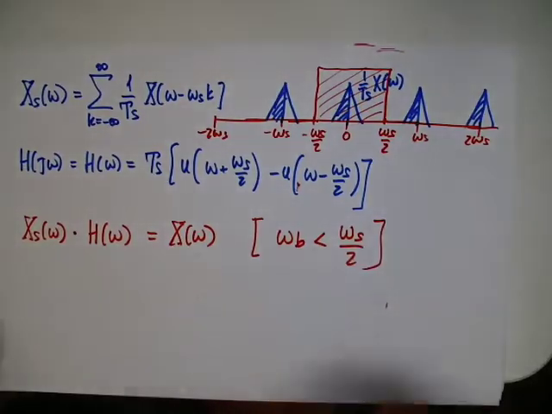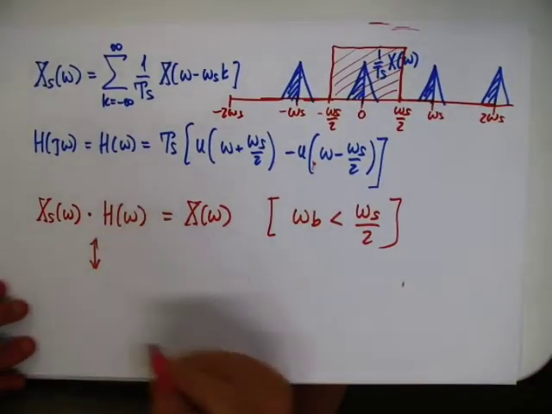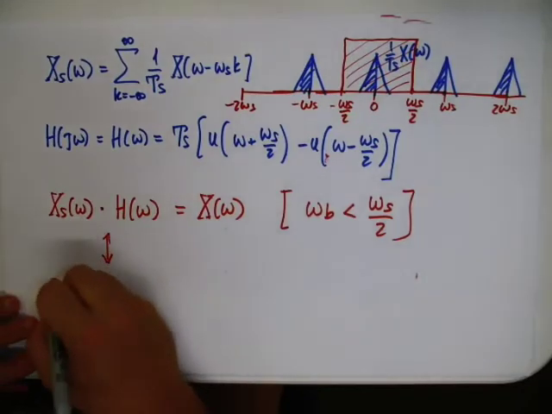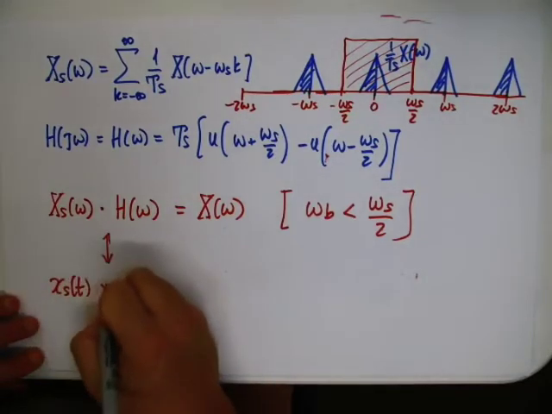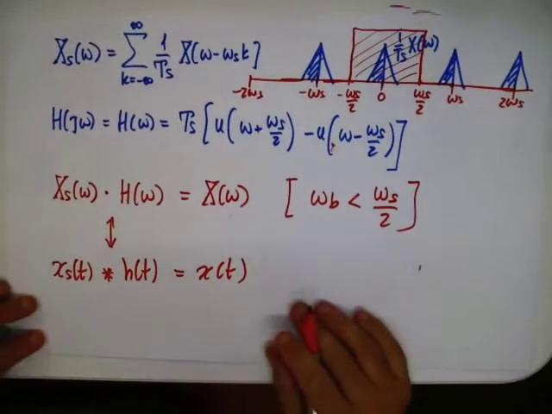Okay, the Nyquist criterion. What happens in the time domain? In the time domain, this implies that if we convolve the original signal with h of t, we're going to get back x of t.